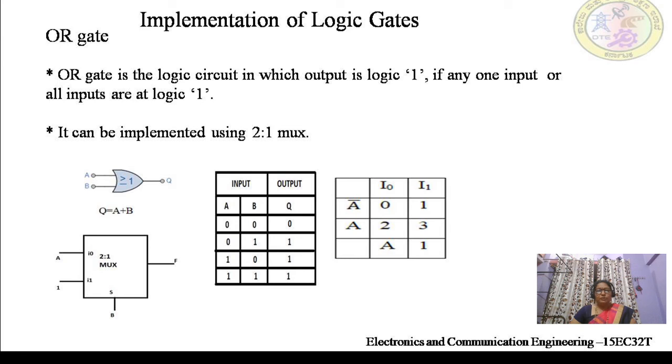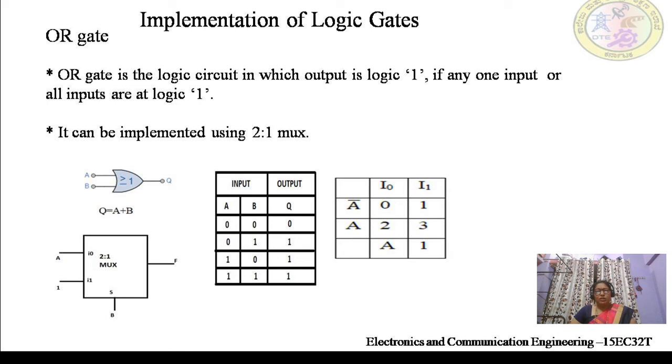Now we have to inspect each column. In the first column, 0 is not highlighted, but 2 is highlighted. So therefore, we have to write A below that. A is the variable corresponding to minterm 2.